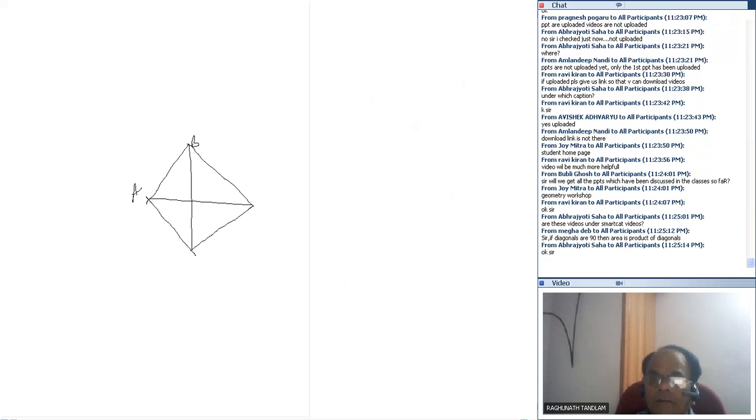If this is X, this is Y. What's the area of triangle ABC? Half of AC into X. What's the area of triangle ADC? Half of AC into Y. It is nothing but half of AC into X plus Y, which is BD. Are you clear?